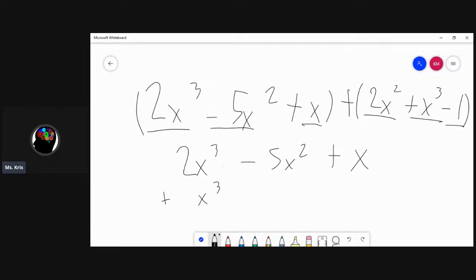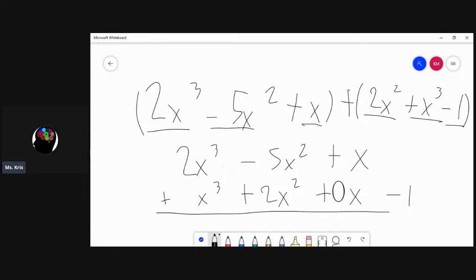So now 2x to the third plus x to the third, you have minus 5x squared plus 2x squared. You have nothing to put under the x, so that can be either plus 0x squared, or you can just leave that blank, whichever you prefer. And you have a minus 1, which you could probably put a plus 0 above to even everything out.